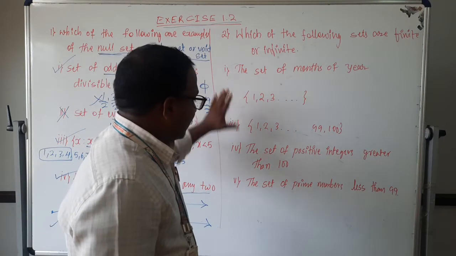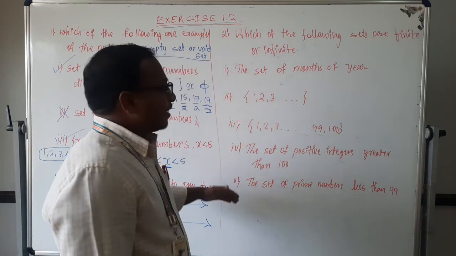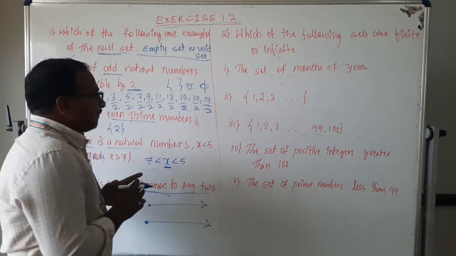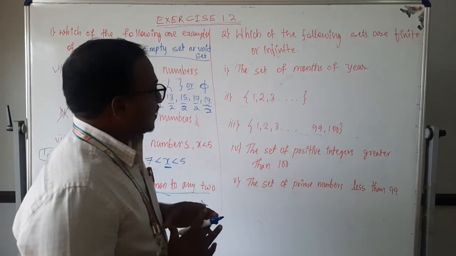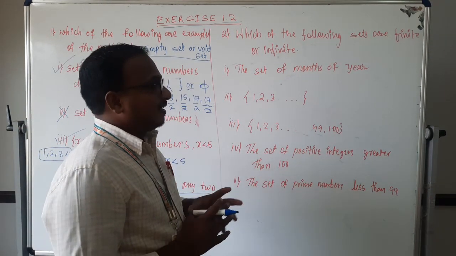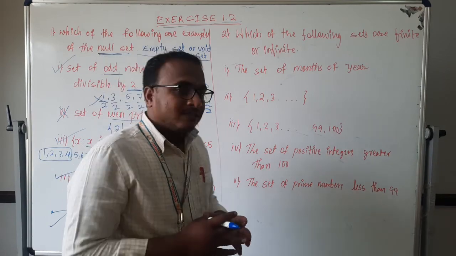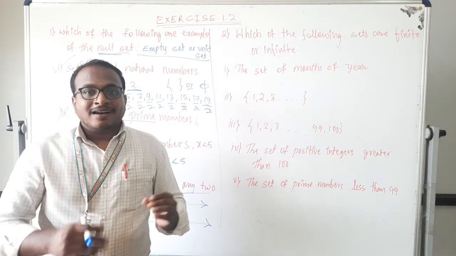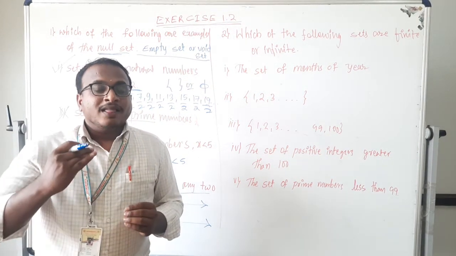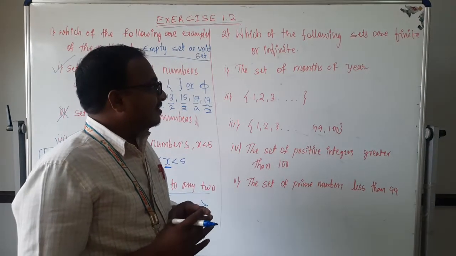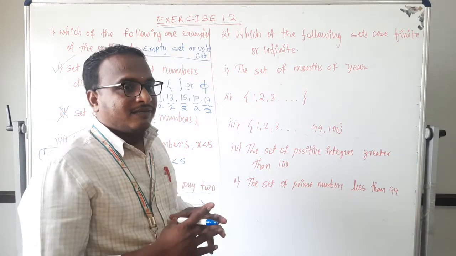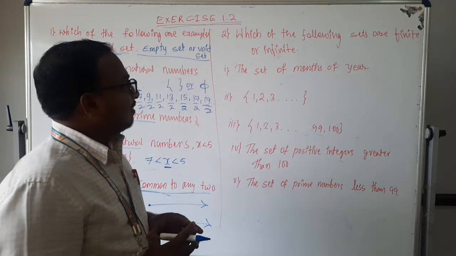Among the sets given here, identify which is finite and which is infinite. For the first one, we know the definition: a set containing a finite, countable, or definite number of elements is called finite, otherwise it is called infinite.